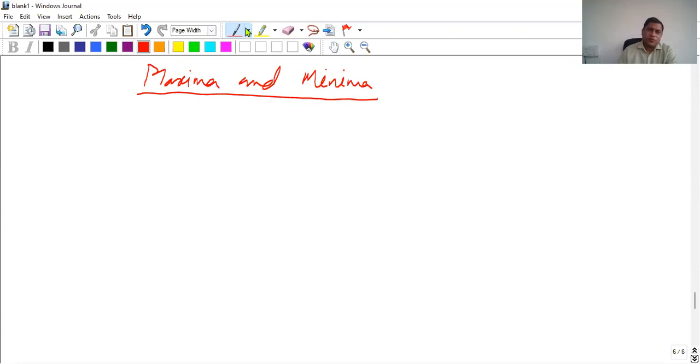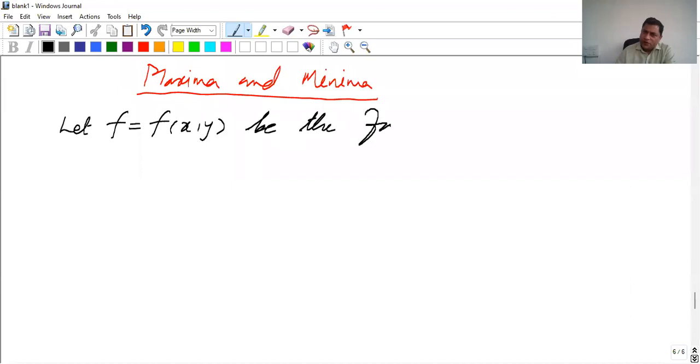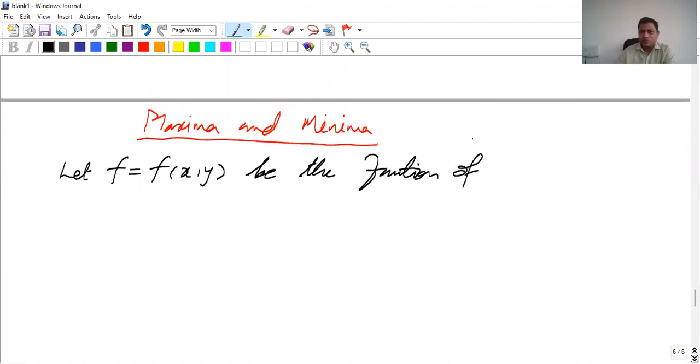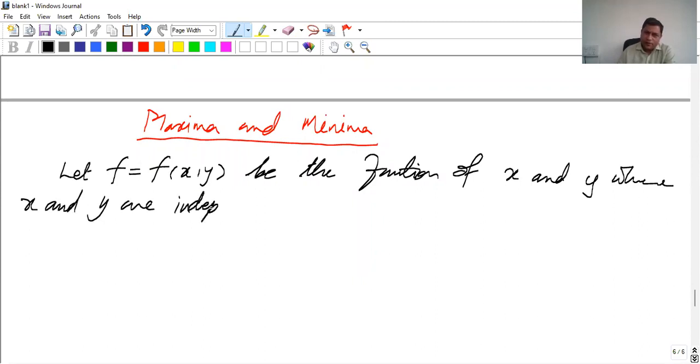Let f be a function of two independent variables, x and y, where x and y are independent.